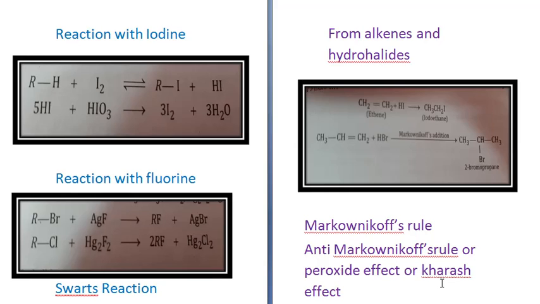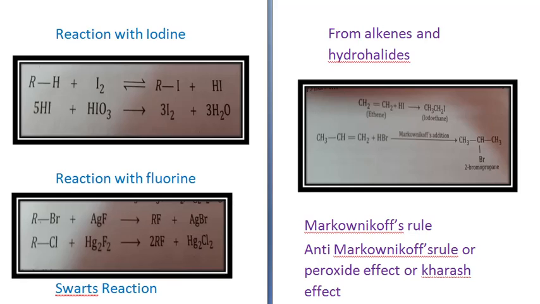Because it is reversible, immediately after being formed it will get converted back into alkane and iodine. So for shifting the equilibrium in forward direction, oxidizing agents such as HIO3 or HNO3 are added so that the reaction will proceed only in forward direction.